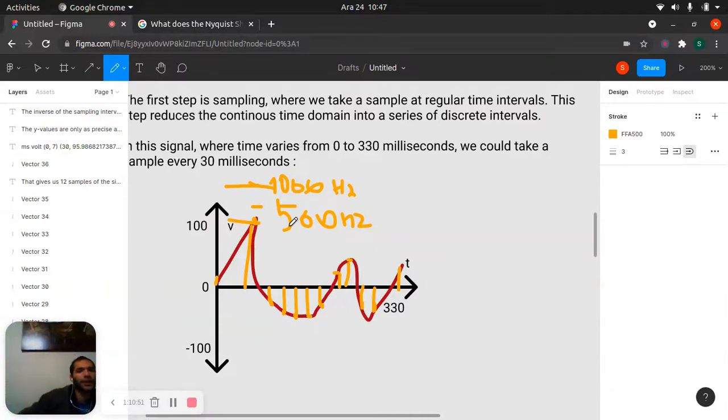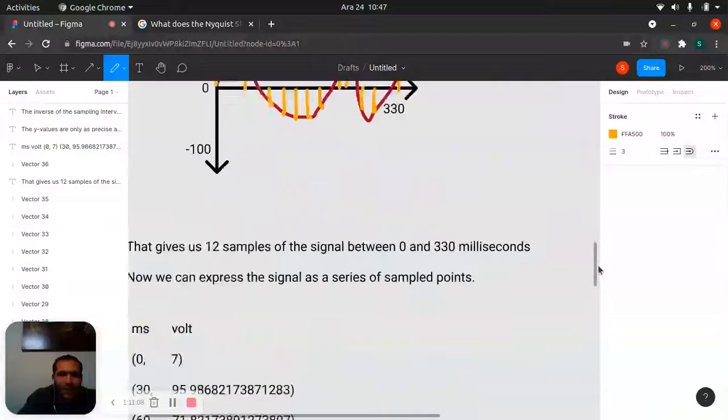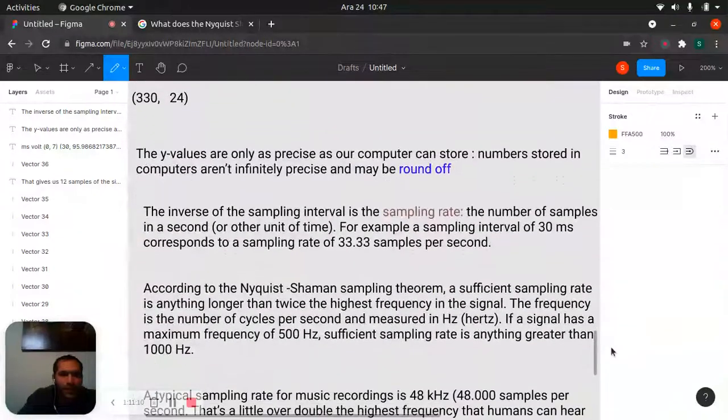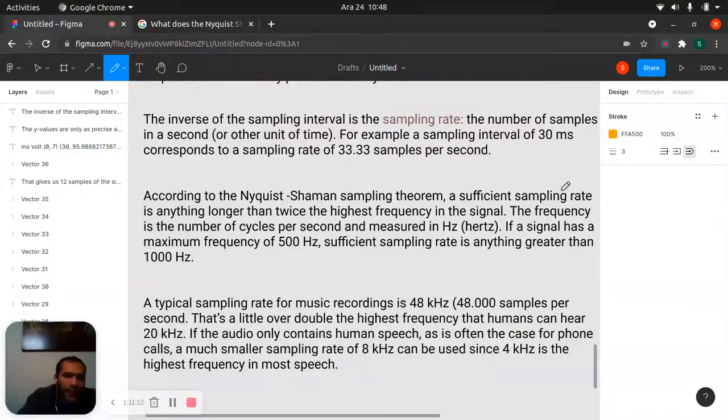If our frequency is 100, our sampling rate will be 200. If it is 20, it will be 40. I think you get it. So we also have a formula, but let's speak later about it. For that, we used this example here.